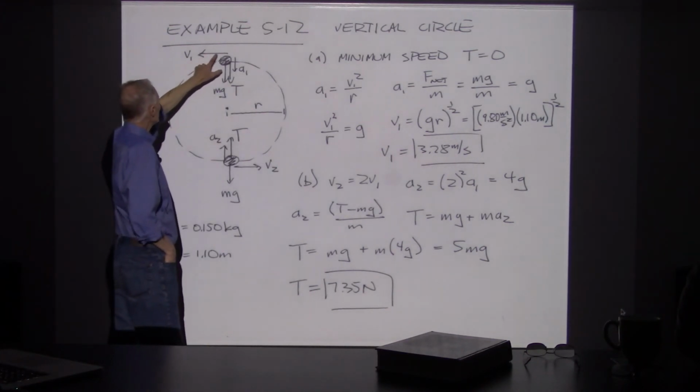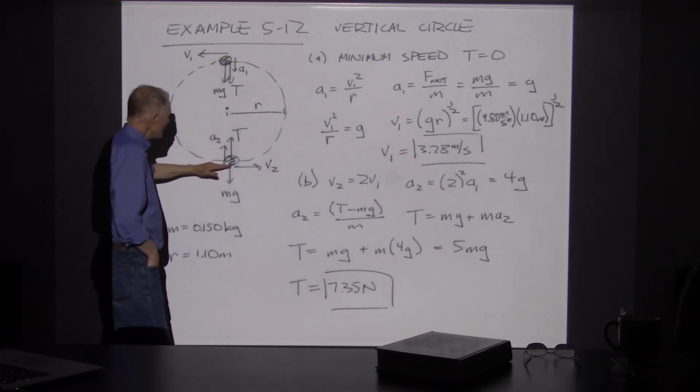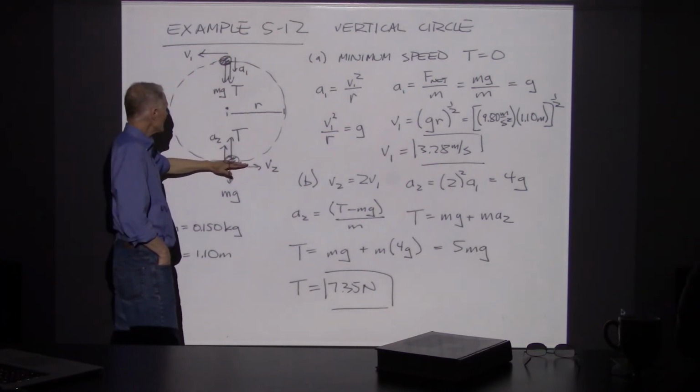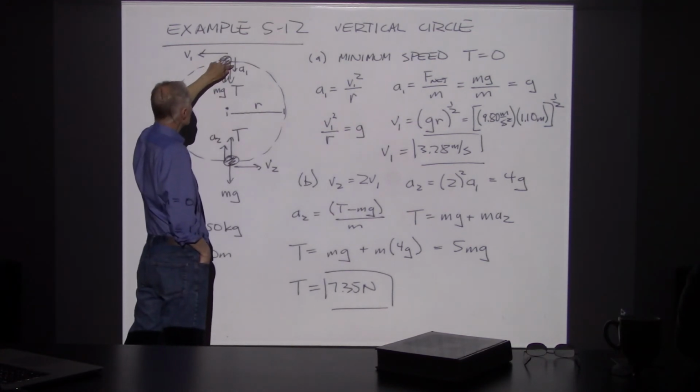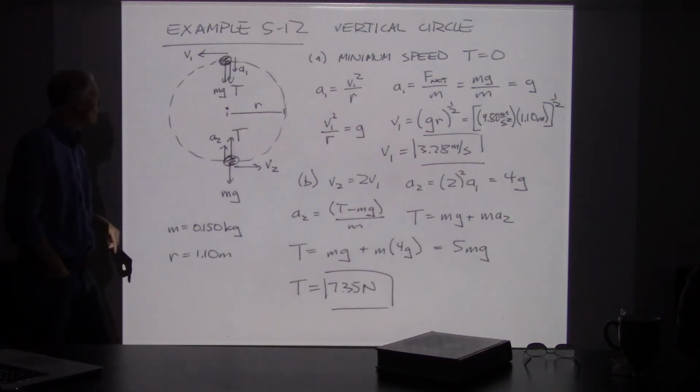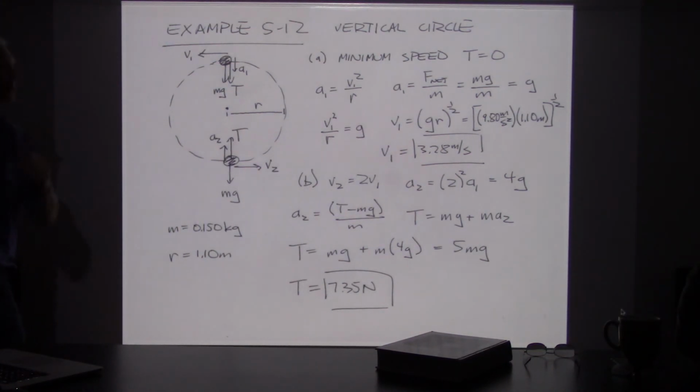The velocity here, v1, tangent, and then it comes down, picks up speed, and then velocity v2 is here. Now if it's in circular motion, there's going to be an acceleration at the top, a1. There's going to be an acceleration at the bottom, a2, and those accelerations will be towards the center.